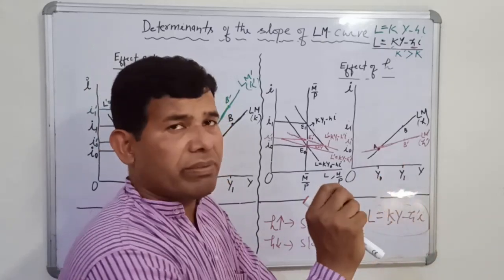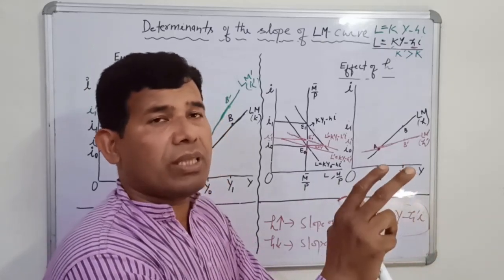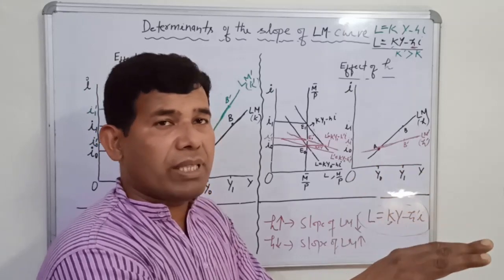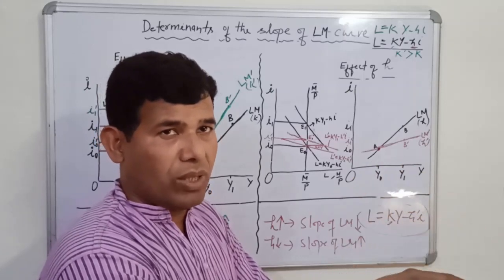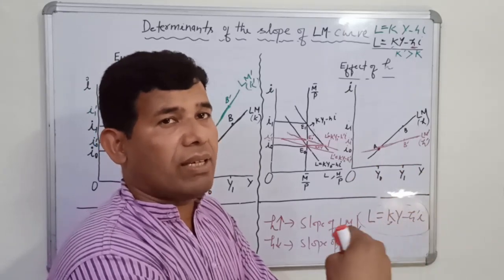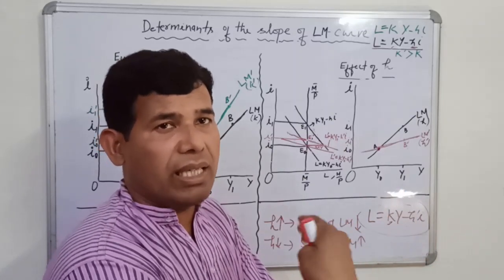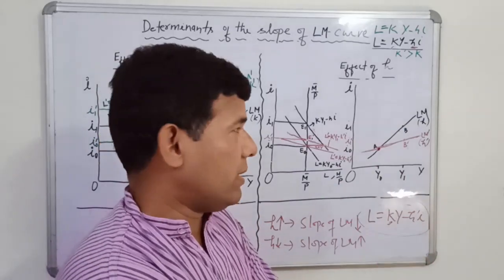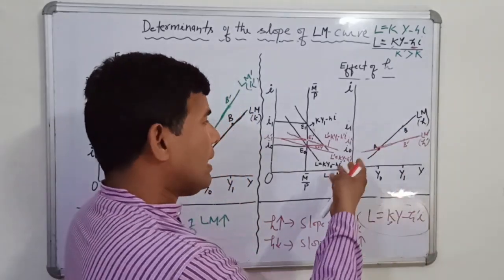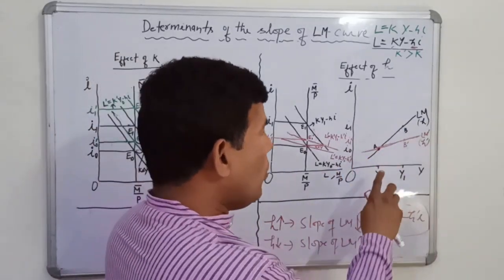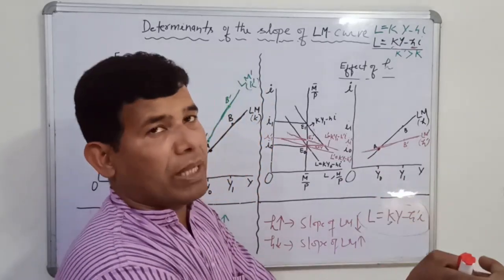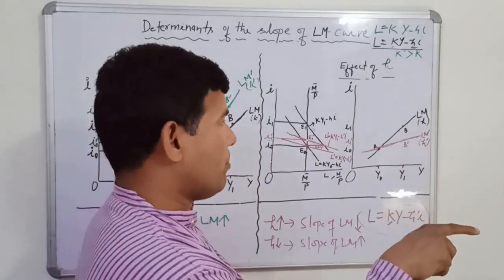And when the rate of interest rises by a smaller amount, then the fall in investment in the goods market would be lower, and therefore here a rise in government expenditure would be more effective in raising the equilibrium level of income, right? So these are the implications of the slope of the LM curve with respect to the effectiveness of fiscal policy.